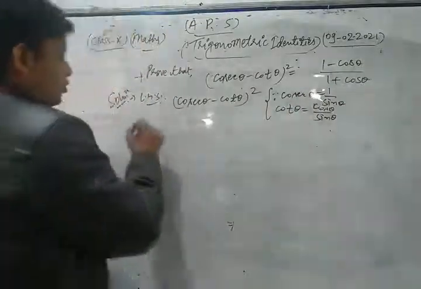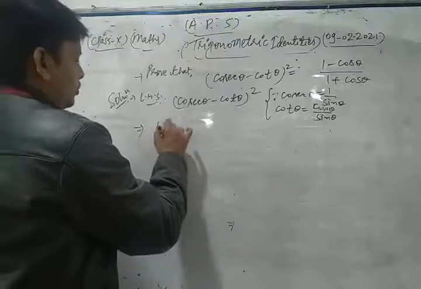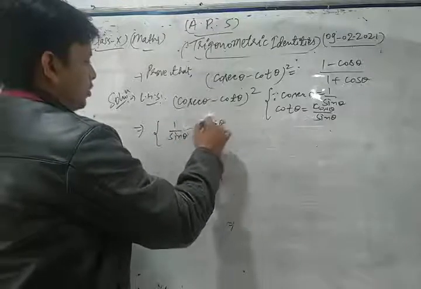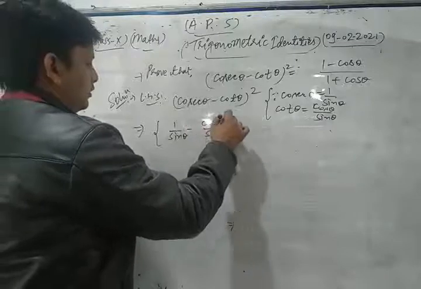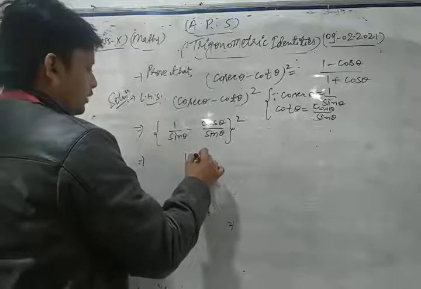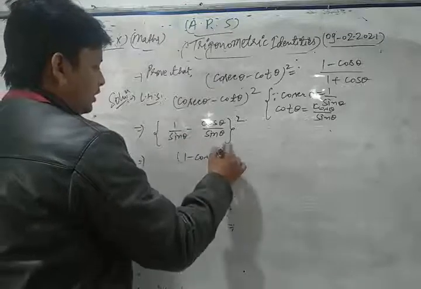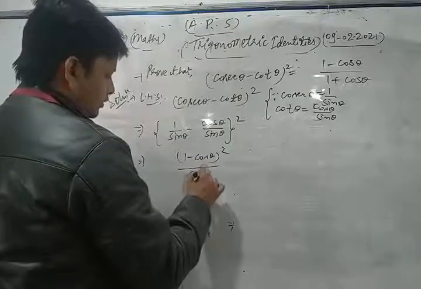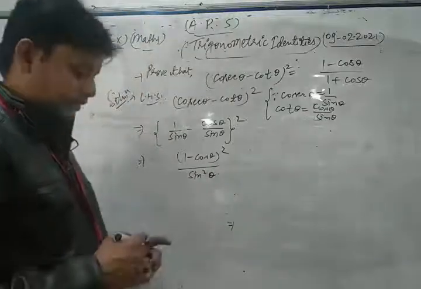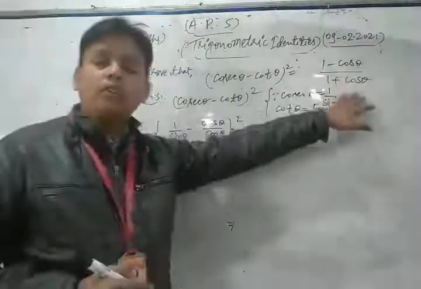So we write (1 upon sin theta minus cos theta upon sin theta) whole square. Now we take the LCM. So if we take LCM, we get (1 minus cos theta) whole square upon sin square theta.